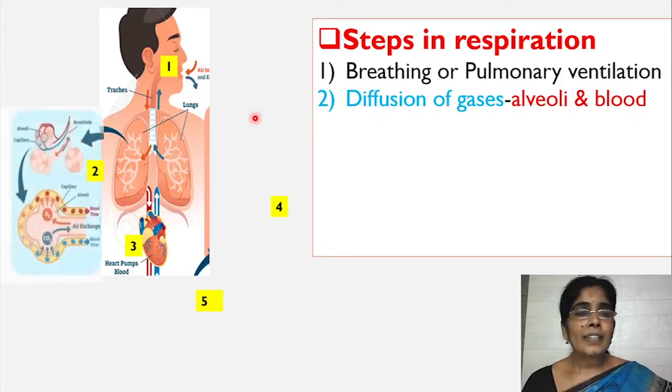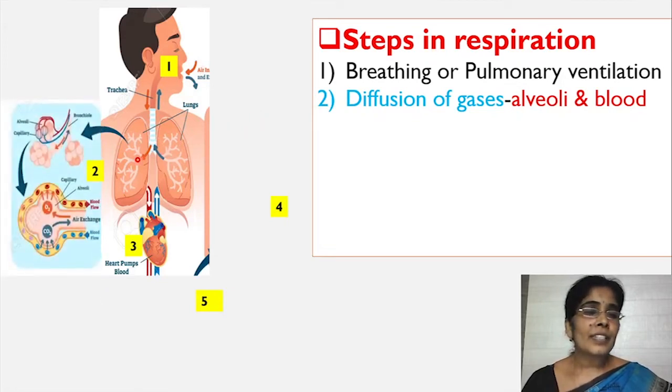It takes place in the lungs. We know the structure of lungs. Many alveolar sacs are there in the lungs and each alveolar sac has many alveoli. This is the alveolus. And these alveoli are richly supplied with blood capillaries. So this is the blood capillary present around the alveolus. Blood is flowing inside the blood capillary.